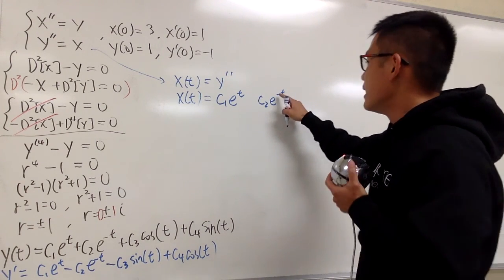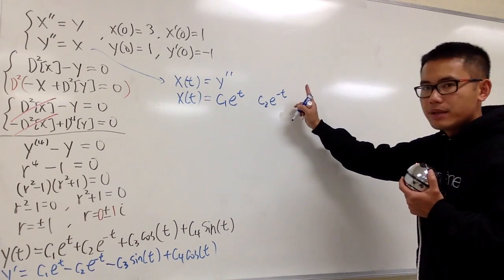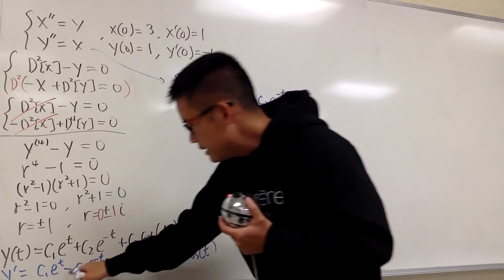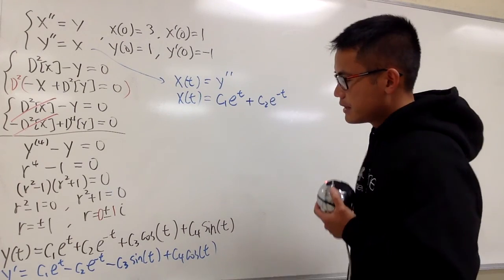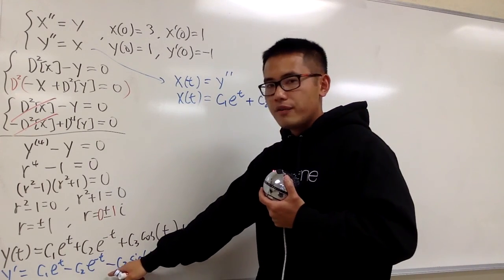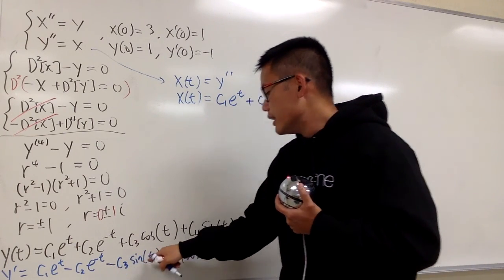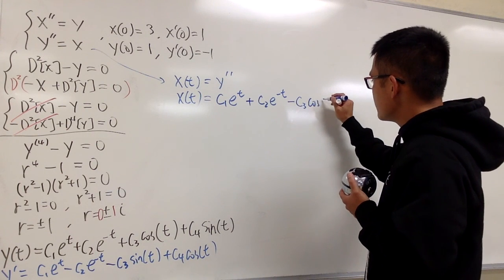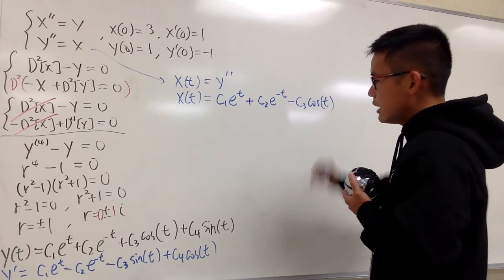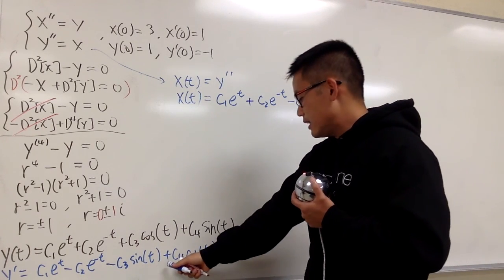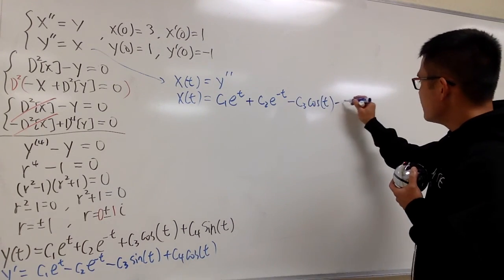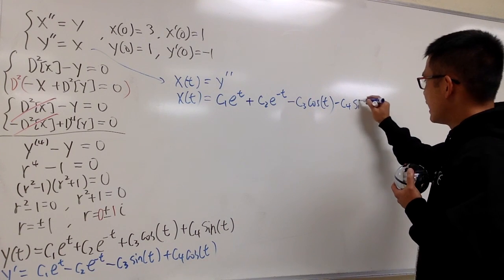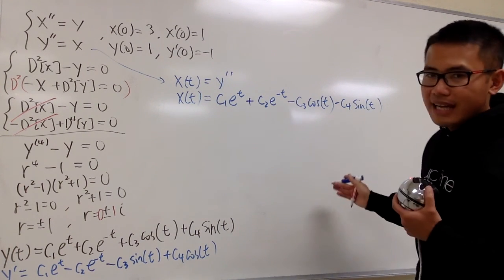I have to multiply by the derivative of negative t, which is -1. -1 times this negative becomes positive. And then the derivative of this, negative c3 sine t, is going to give me negative c3 cosine t, right? And the derivative of this is going to be negative c4 sine t, like that.